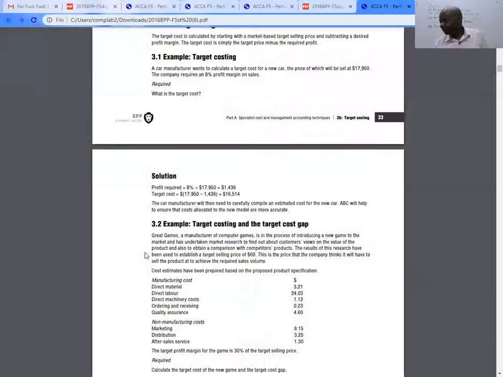They are here. They have given us cost estimates prepared based on the product specification. For the manufacturing and non-manufacturing cost, you are supposed to add all of them. Could you kindly add all these costs of producing this product?